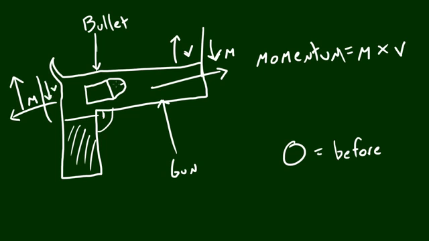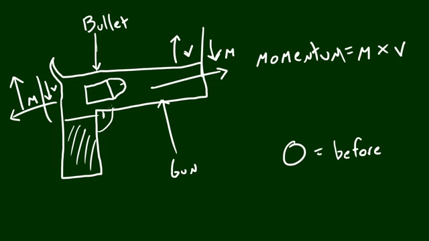Of course, the kickback itself isn't as fast as the bullet flying through the air. So let's go ahead and look at this again. Two things are causing momentum. First of all, the bullet, which has a high velocity and a low mass, and second, the gun, which is kicking back in the opposite direction, and this has a high mass but a low velocity.